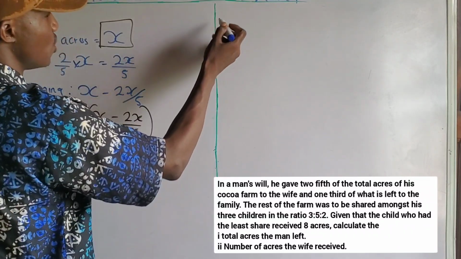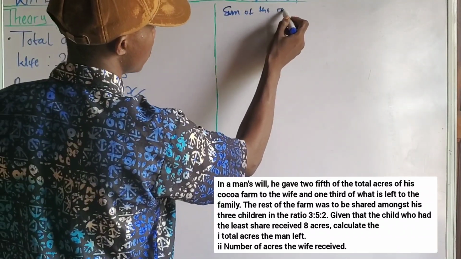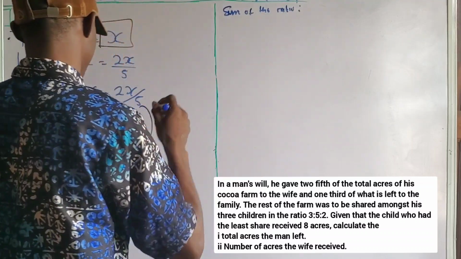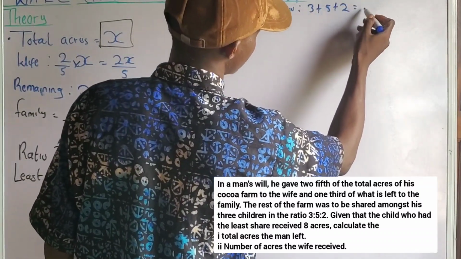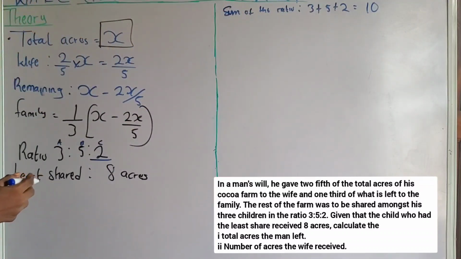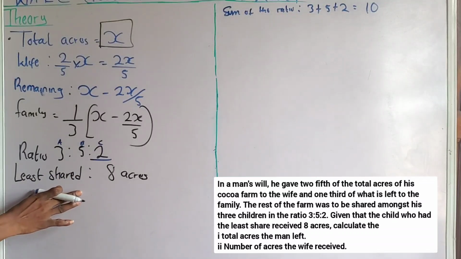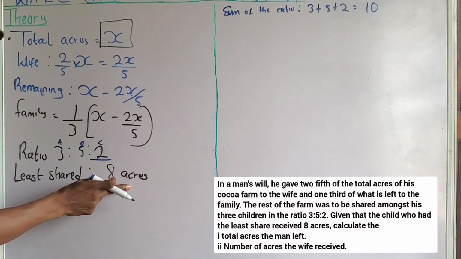Are you getting it? First, take the sum of the ratio. The sum of the ratio is 3 plus 5 plus 2, which is 10. Okay? We are told that the child that received the least share received 8 acres.